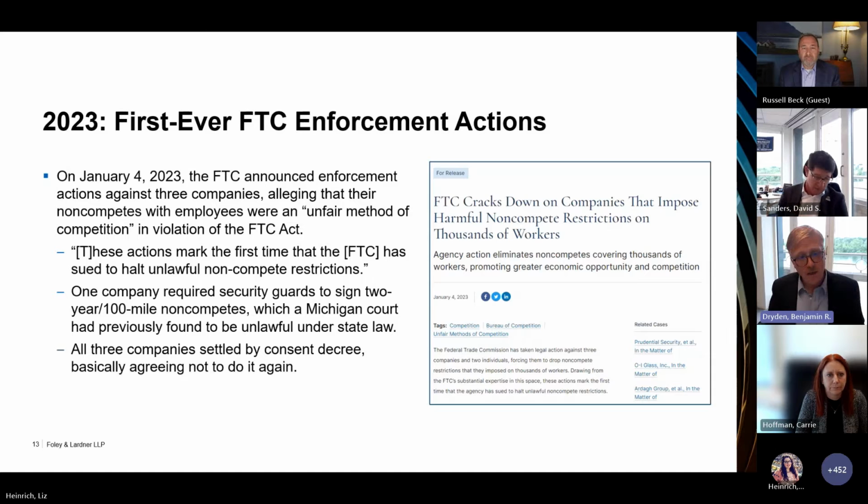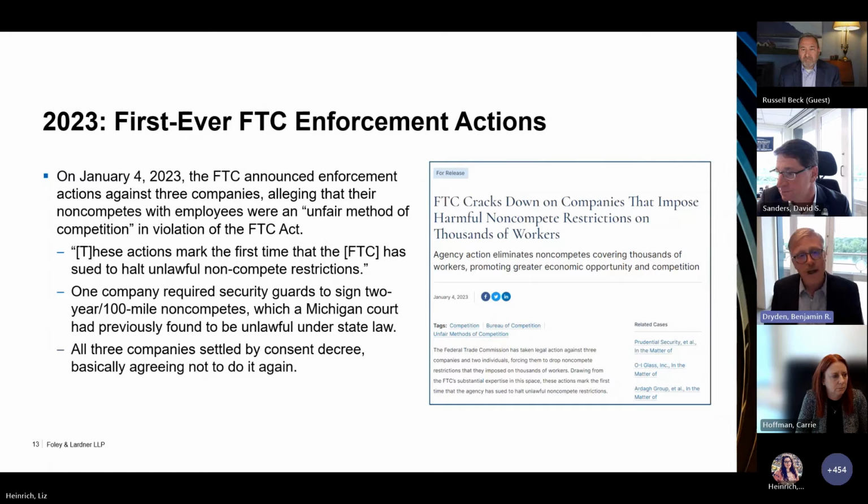One of the examples was a security guard company in Michigan that bound security guards to a 2-year, 100-mile radius non-compete, which a Michigan court had already found was unlawful under Michigan law. But notwithstanding that, the company was still requiring security guards to sign these non-competes, and it was threatening them with litigation, even though these were knowingly unenforceable non-competes. And so the FTC said that is an unfair method of competition.